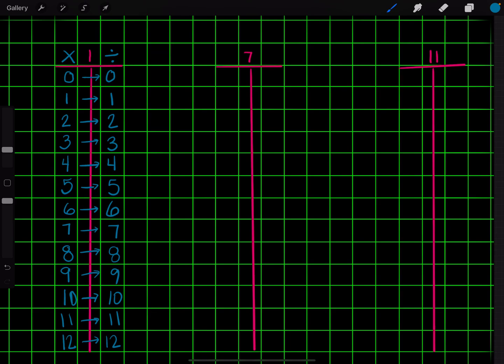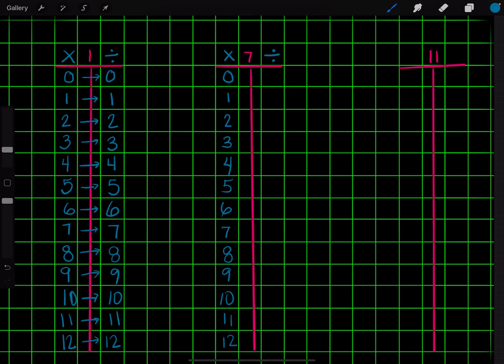Now sevens, we're going to start again with our multiplication on the left-hand side and our division on the other side. All right, now we start always with our zeros, and then we go down. 1, 2, 3, 4, 5, 6, 7, 8, 9, 10, 11, and 12.